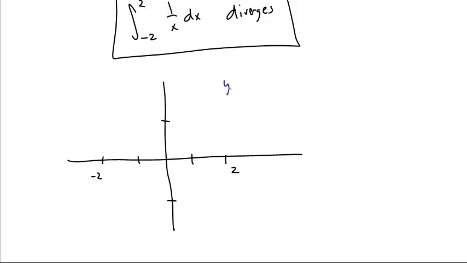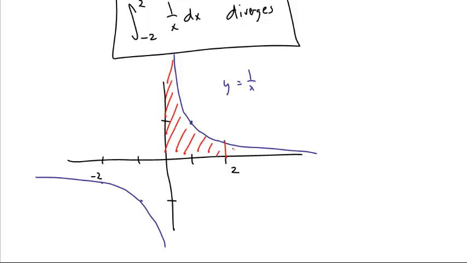Y equals 1 over x, right? So 1 over 1 is 1, and 1 over 2 is 1/2. So you've got this thing, and you've got the exact opposite over here. A lot of people will argue, and it's the same sort of argument but a little more sophisticated, that this area is the same as this area, except that this one is positive area and this is a negative area.